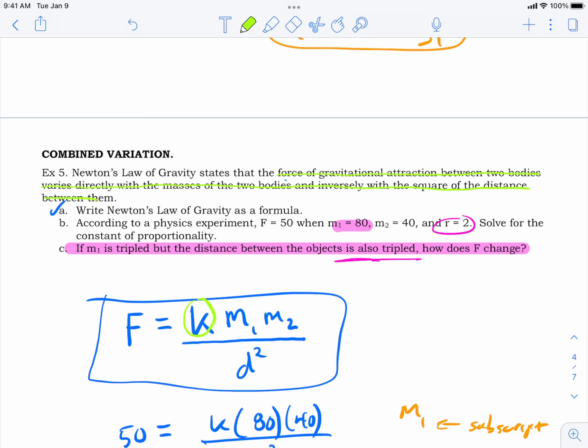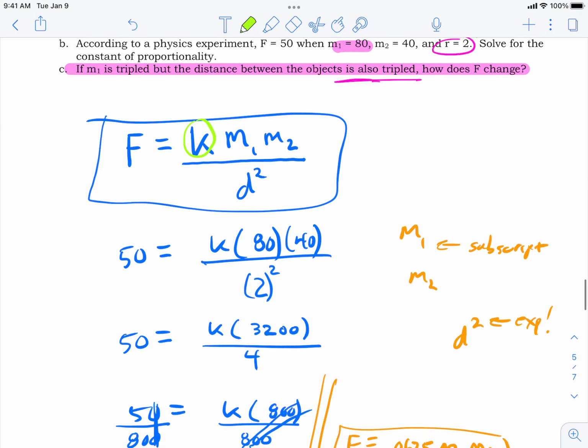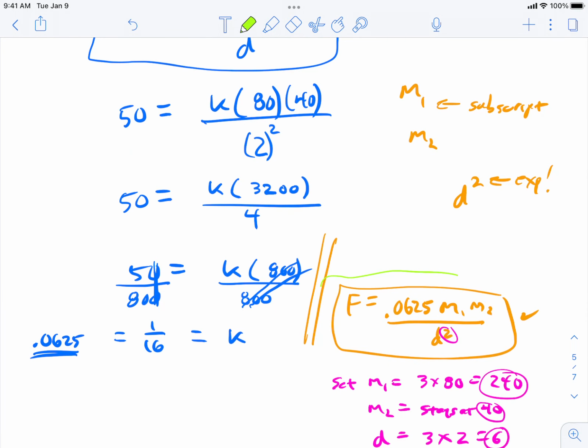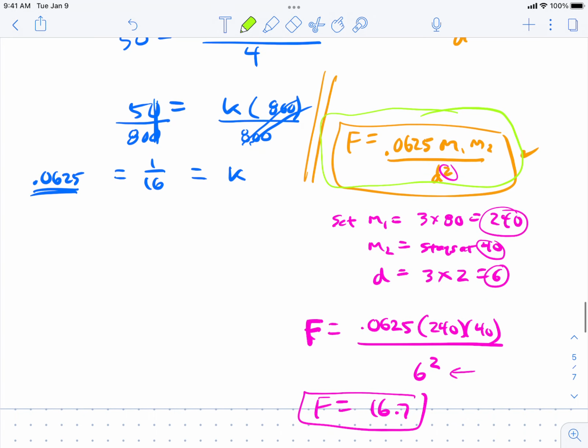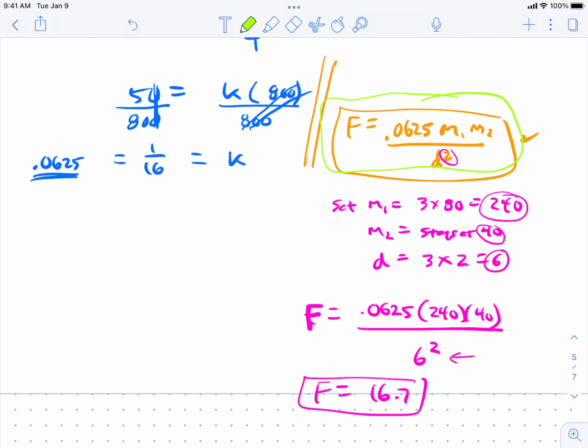The formula is going to have some constant of proportionality in it that you have to solve for. So you need some kind of data in order to solve for that k. But once you've got the k, you then have a full-fledged formula that you can use to analyze whatever new situation you want to play around with.